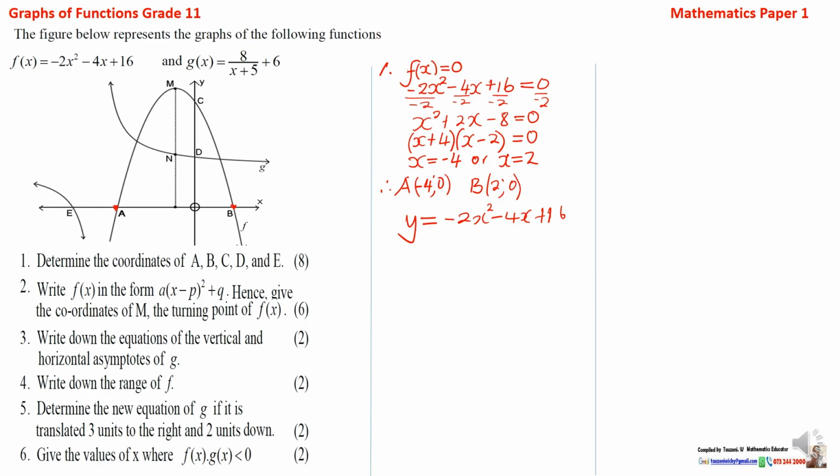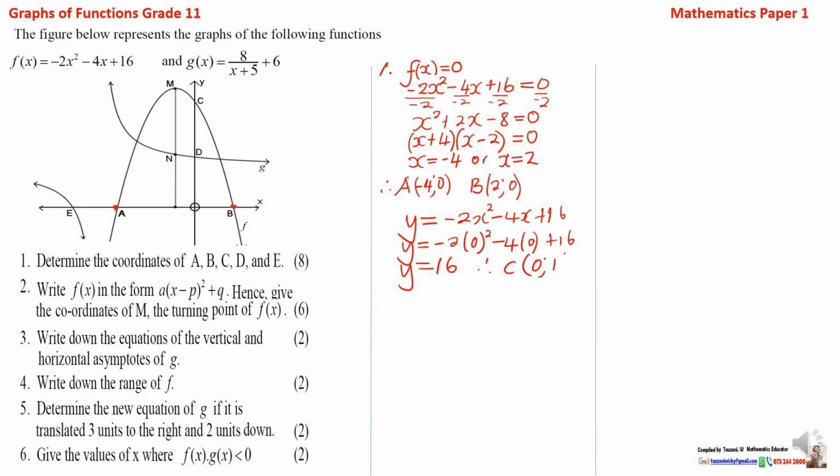In this case, if we put 0 in place of x, actually you can write down the answer without having to calculate. I'm just calculating to show what I'm talking about. The first term becomes 0, the second one 0, I'm left with 16. Therefore, the coordinates of point C are (0; 16).